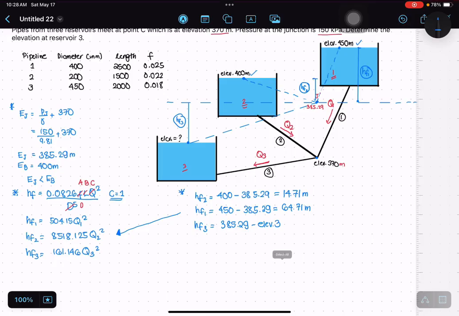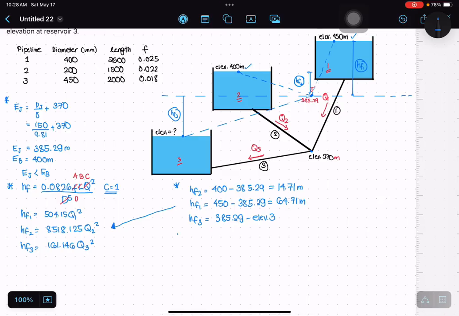Okay, so unahin natin si HF1. HF1 is 64.71. Equate natin sa 504.15 Q1 squared. Makukuha natin na Q1 is 0.358 cubic meter per second.